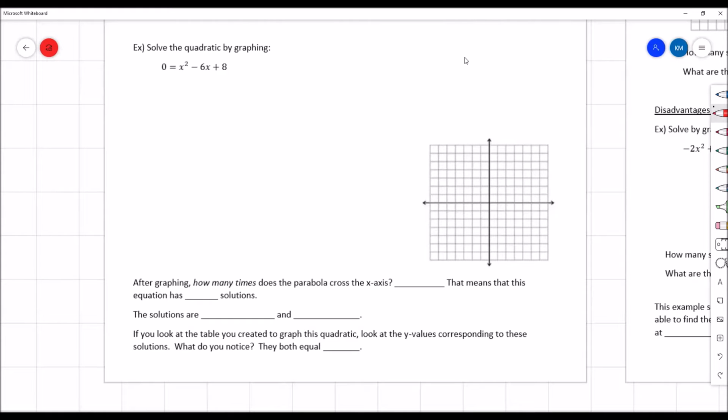So here it says solve the quadratic by graphing: 0 equals x squared minus 6x plus 8. The nice thing about this is it's basically doing what we just did for the last 2 lessons.